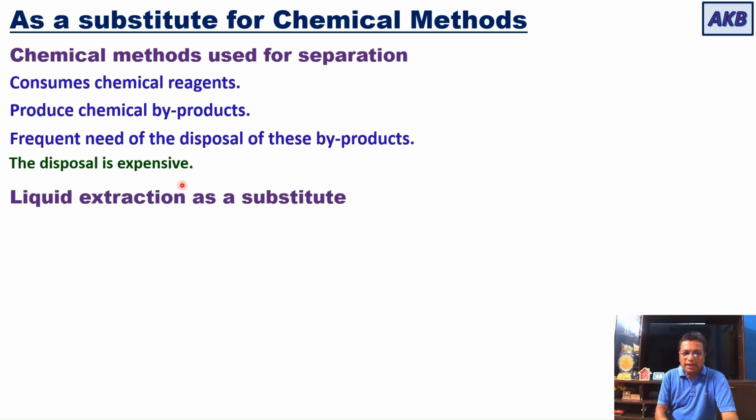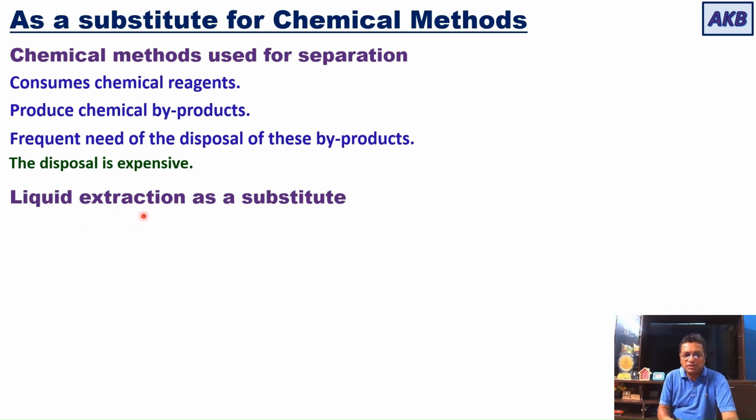In comparison to this, let us now understand liquid extraction as a substitute for these chemical methods. If you use chemical methods, we need chemical reagents, because chemical reagents will be consumed. Many chemical byproducts may be produced, and these byproducts should be disposed of, and this disposal is expensive.